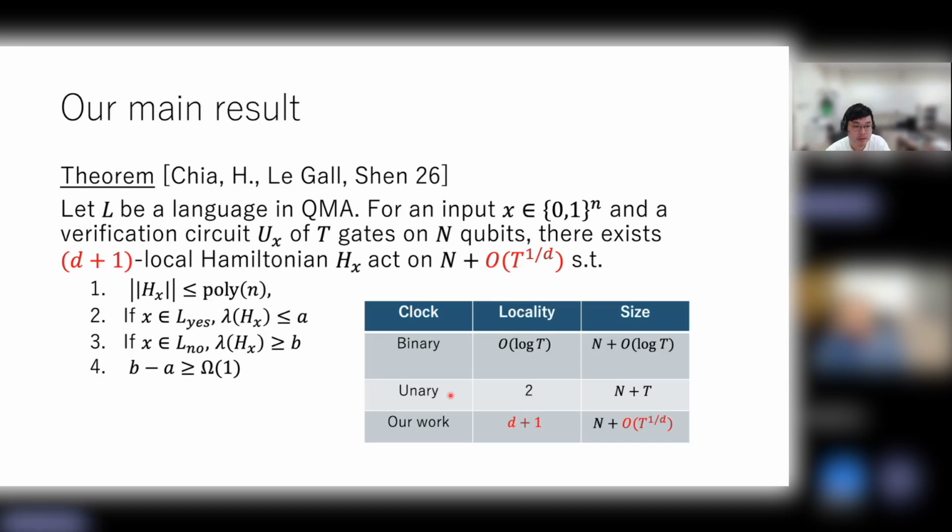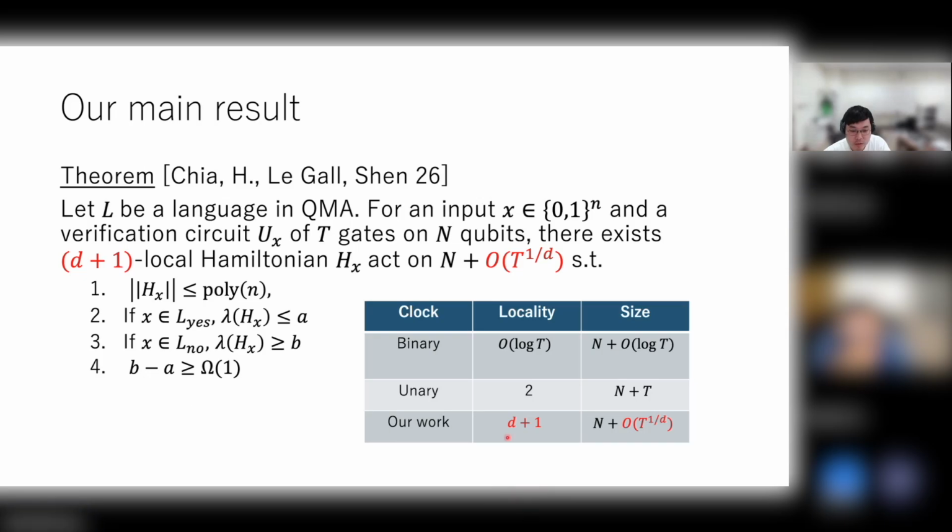We show that we can reduce any verification circuit to a d plus 1 local Hamiltonian whose size overhead is t to the 1 over d.